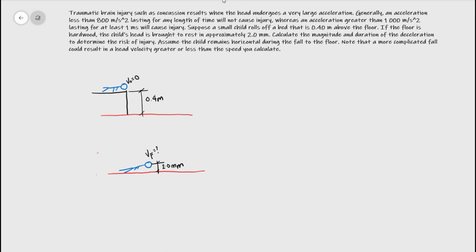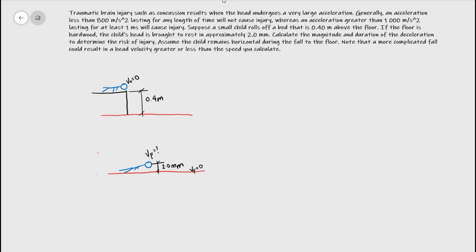After falling, his body contacts the floor first, then his head will also hit the floor. His final velocity when his head hits the floor is equal to 0.